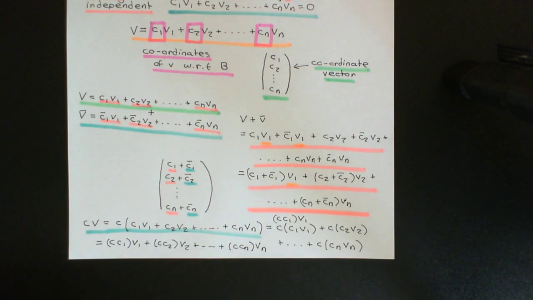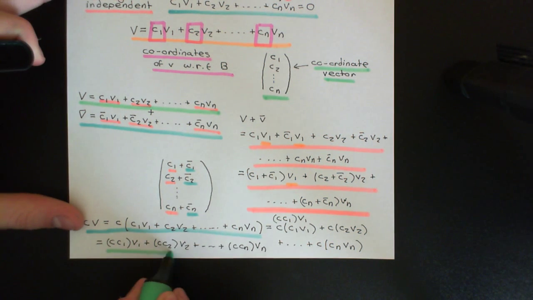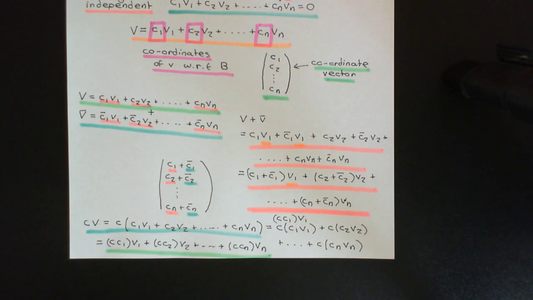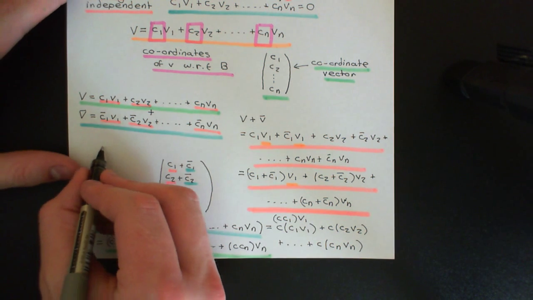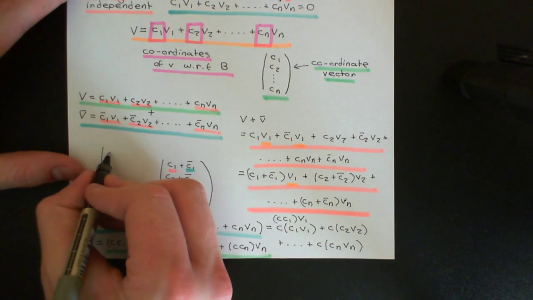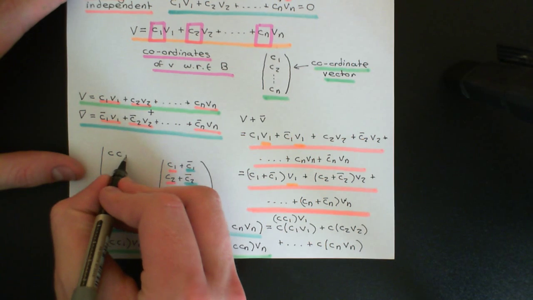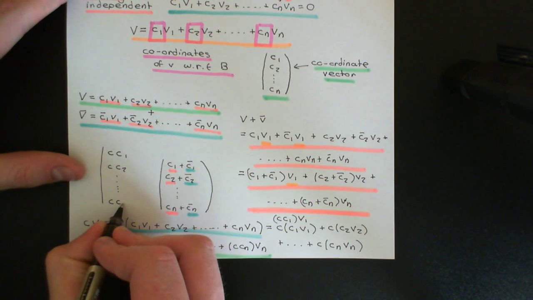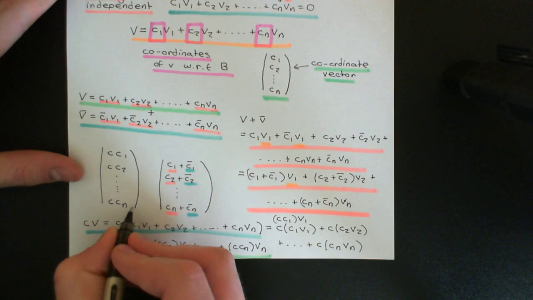So here then is the answer to what c times v is, written beautifully as a linear combination of my basis vectors v1, v2, all the way up to vn. You can see then that the coordinate vector of c times v is just c times c1, c times c2, all the way down to c times cn, like so.